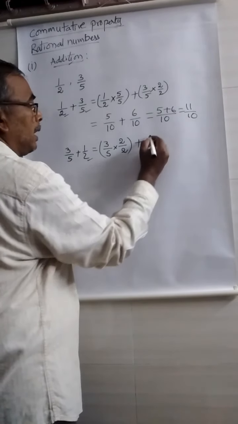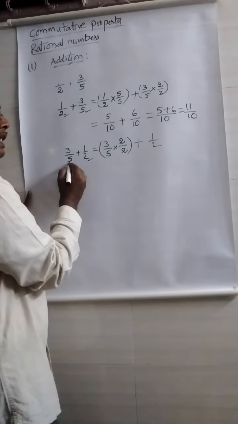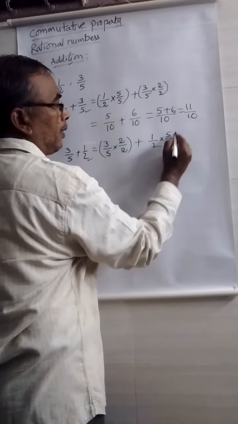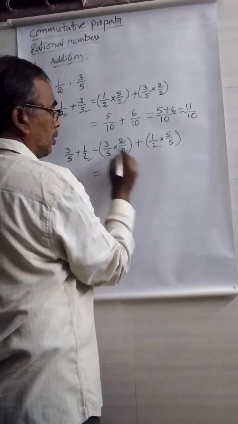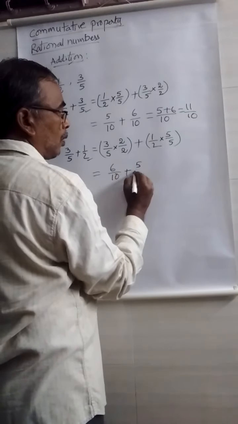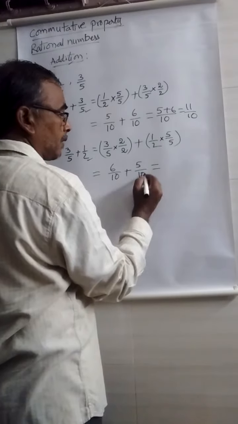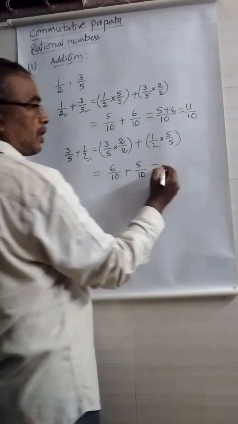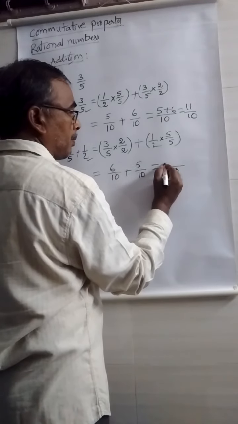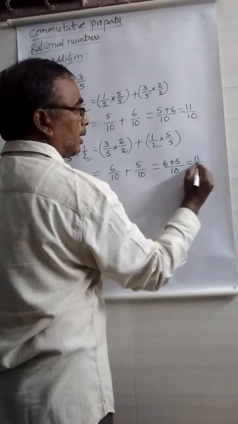You put plus symbol, 1 by 2 as usual. What is the denominator in the first rational? 5. So here you write like this into 5 by 5. Then 3 2s are 6, 5 2s are 10, 1 5 is 5, 2 5s are 10. Now what you get? 6 by 10 plus 5 by 10. Both are like fractions. Now you write like this. Denominator is same. You sum up the numerator 6 plus 5, that is 11 by 10.